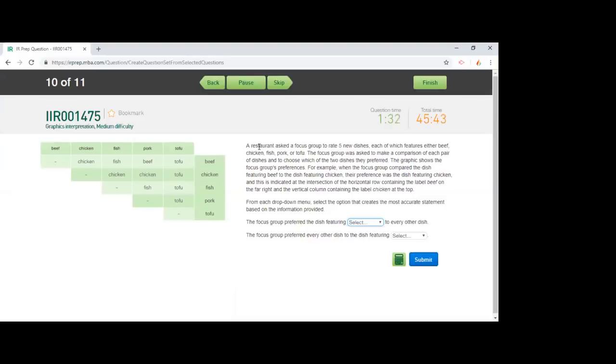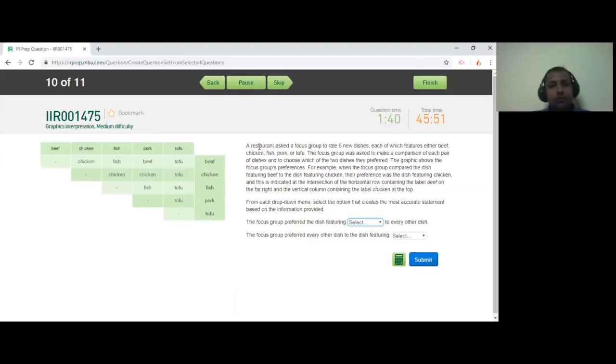In the first one, it's tofu, I believe, because it's the only one in the intersection which doesn't change at all. Okay, so how do I see? If I look at the last column, tofu against beef, tofu against chicken, tofu against fish, tofu against pork, every time I see tofu winning.